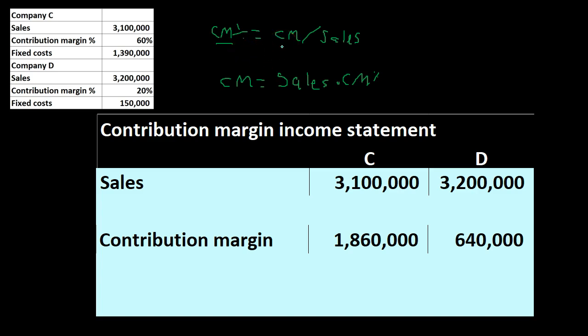Well, a book problem might tell you, here's the formula to figure out the contribution margin in that case: contribution margin equals sales times the contribution margin percent, as if you have to memorize a whole new formula. You don't really want to memorize a whole new formula. You just want to recognize that the missing variable here is going to be the contribution margin.